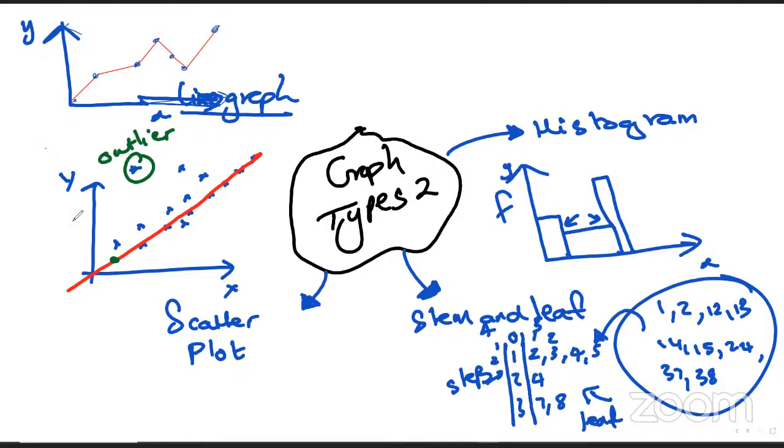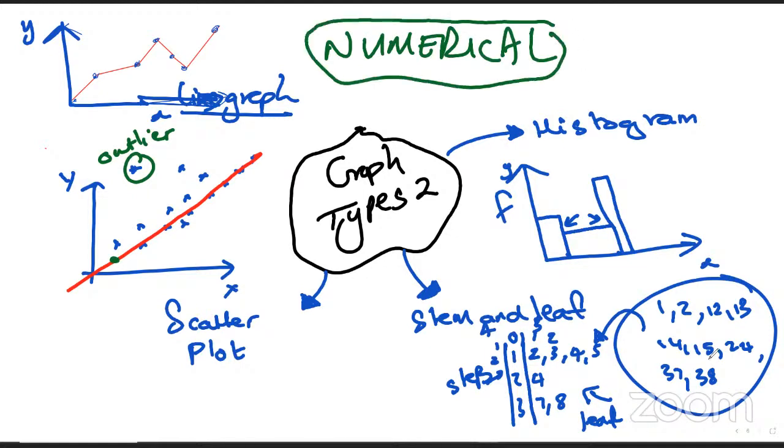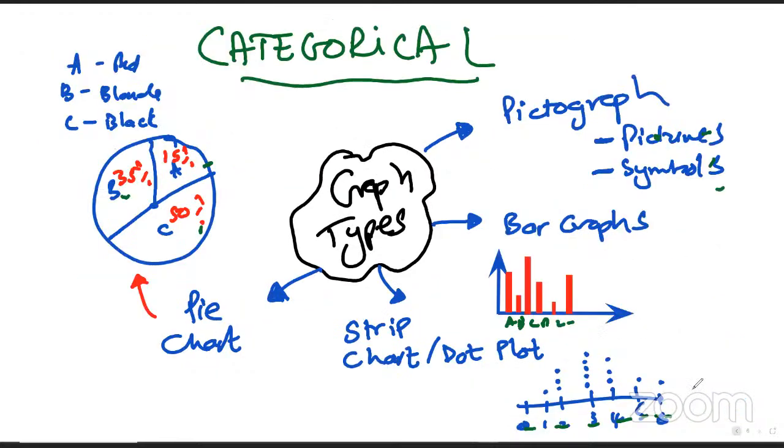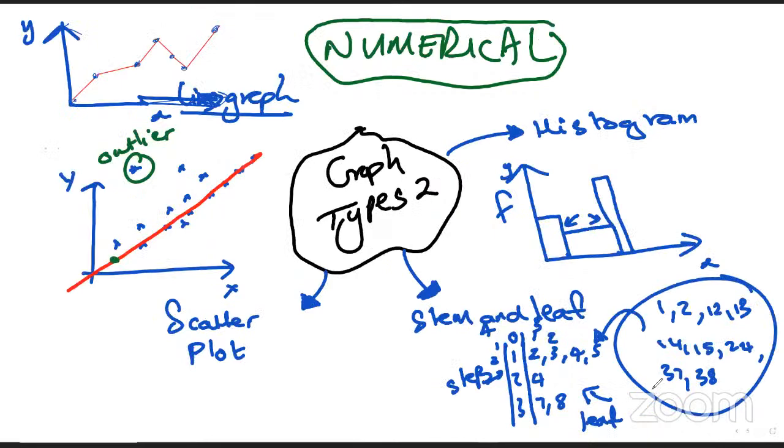So the big word here at the top would be numerical, versus categorical. All right, and that's all the different graph types.